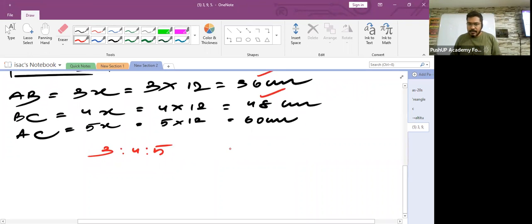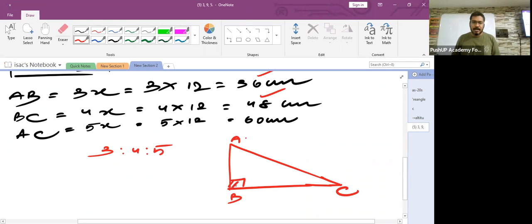So children, if they are Pythagorean triplets, don't you feel triangle ABC would be a right angle triangle? Don't you feel so? The moment you're getting three numbers which are Pythagorean triplets, indirectly, you're getting an idea that the triangle should be a right angle triangle, isn't it?